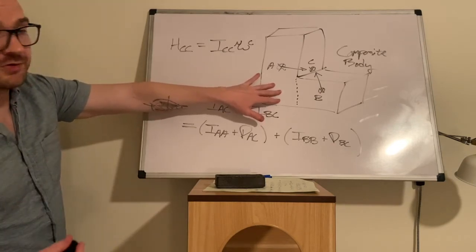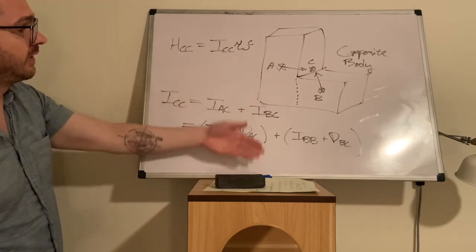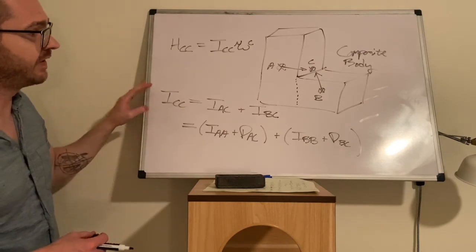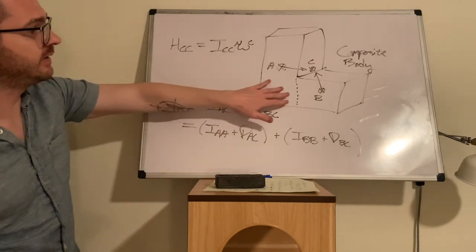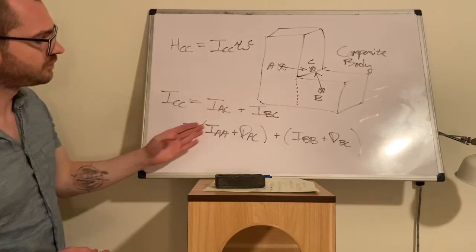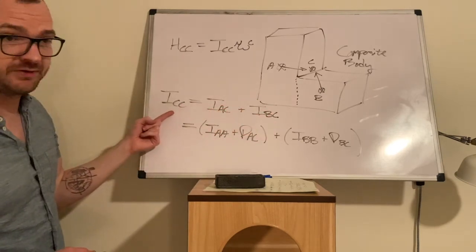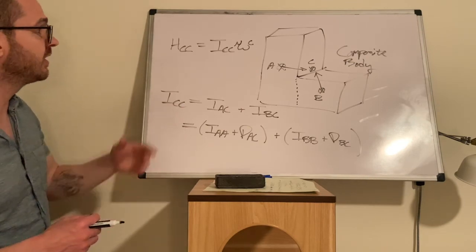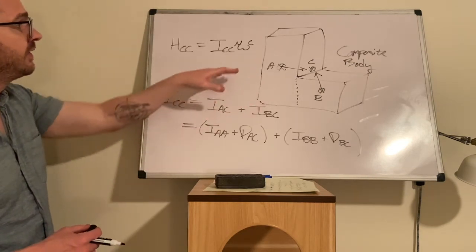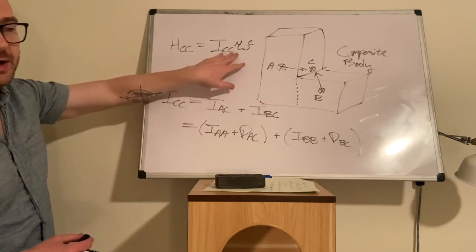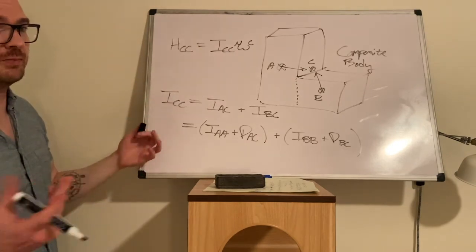The easiest approach when you're doing this by hand, when you don't have the advantage of CAD software, is to break it into the individual components and find the inertia about a shared point, and then you can linearly add it together. Then you just take the angular velocity of the whole thing and multiply by that dyadic, and boom, there's your answer.